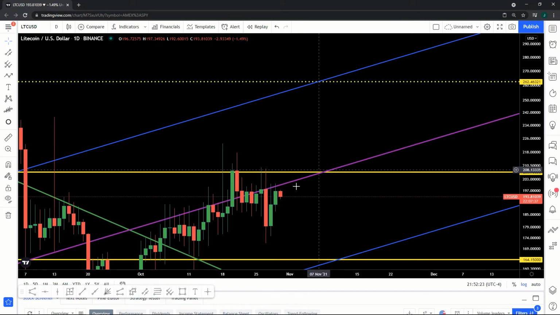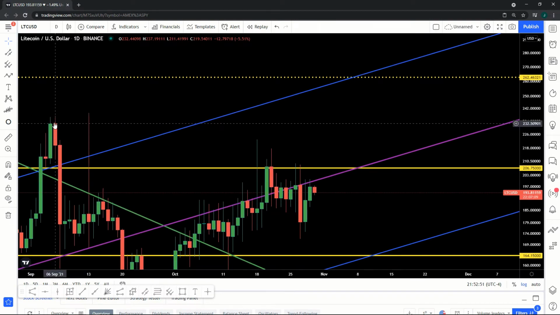If there's strong momentum behind it, it may go as high as 262.46, because there's a lot of real estate up here. Remember, this blue line would be resistance. If price gets above this local resistance level, there's a lot of room for price to go to.